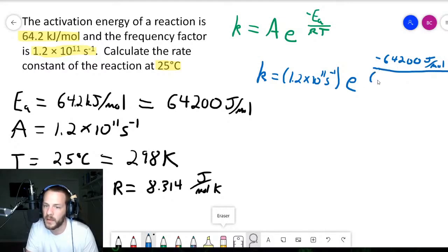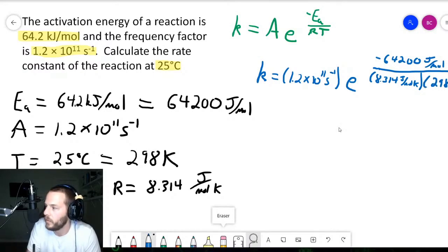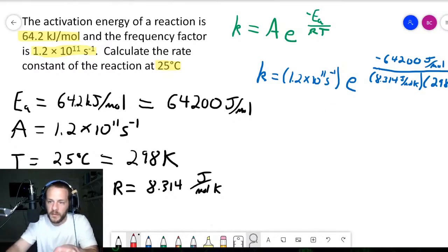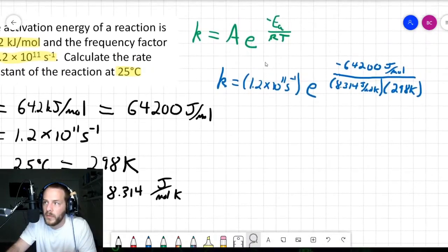R, that's our gas constant, 8.314 joules over moles times kelvins. And then our temperature, that's 298 kelvins. So this whole thing is what we plugged our numbers into. The next step is to make sure that our units cancel out here, and it looks like I'm a little bit off the page, so I'm going to move this over here.